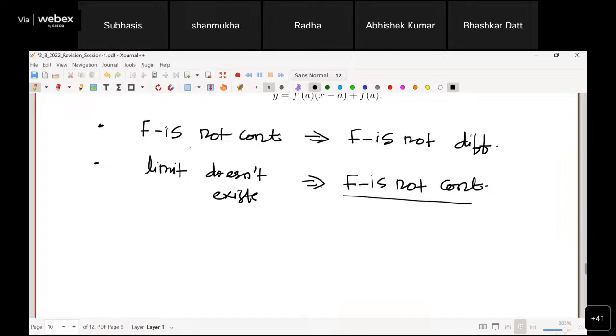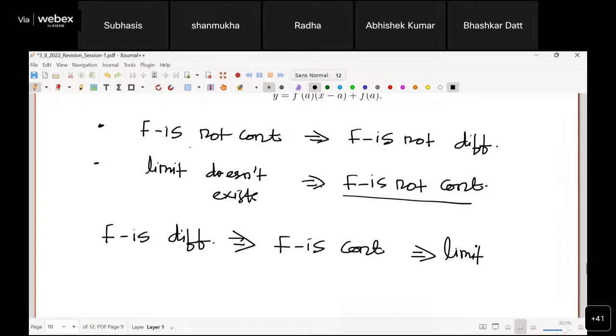But you can tell about the converse. If f is differentiable, then f is continuous, that means the limit exists. But the converse part you can't say anything about.